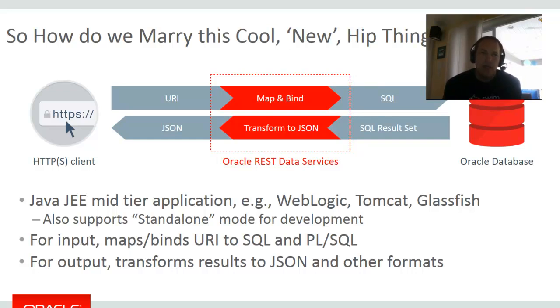And it's very good at taking a JSON document and parsing that and translating that into input parameters for stored procedures, for example. And it's also very good at taking the results of a stored procedure or a SQL statement, like a CLOB, if you've got cursors or nested result sets, and translating that all back down into the equivalent JSON result set. So that's what ORDS at the end of the day is doing.